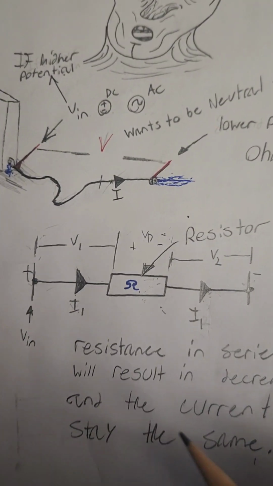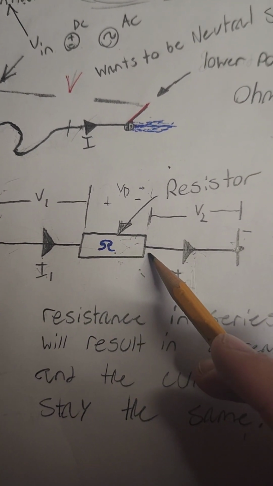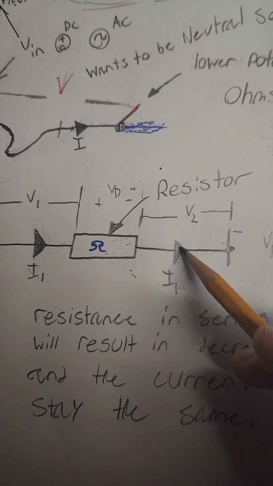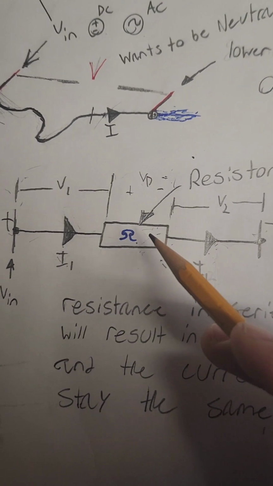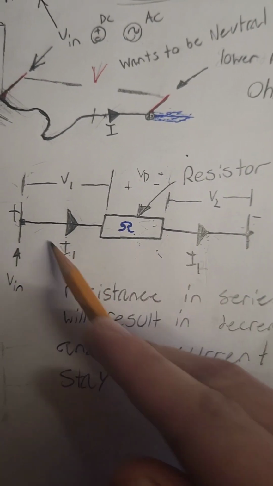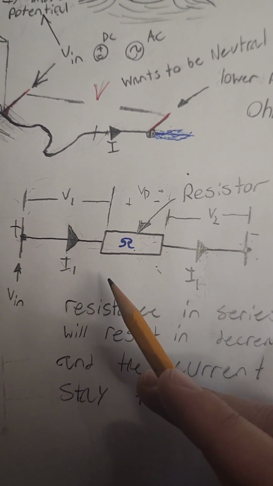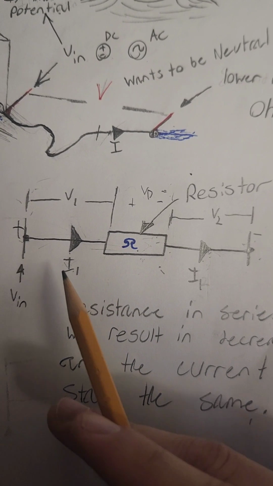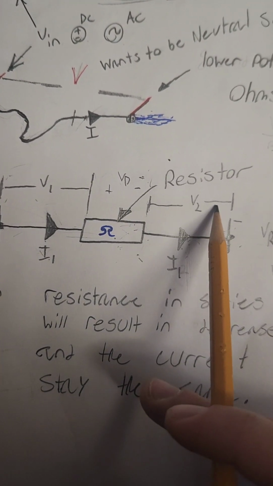And we have a current 1 that flows through this resistor, and then a current 2 that flows out of it. For a resistor in series, which this is in series, it's going straight from the positive to the negative connection, we would have the current stay the same. However, we would have a difference in voltage.